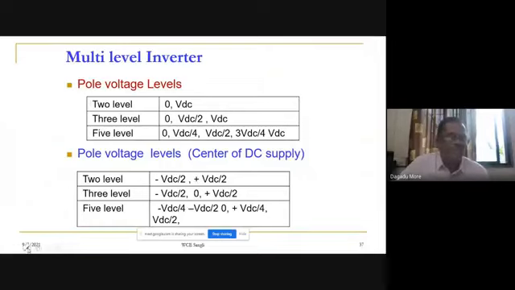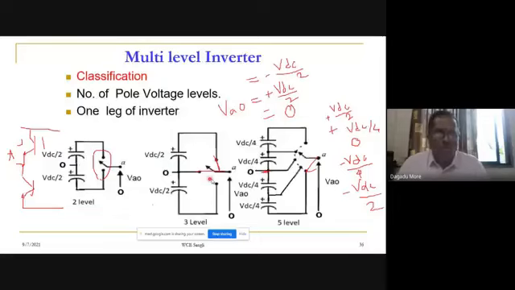Whatever we discussed, we have shown here. This is particularly a 2 level. Considering the lower part, the pole voltage in a 2 level gives plus VDC by 2 and minus VDC by 2.